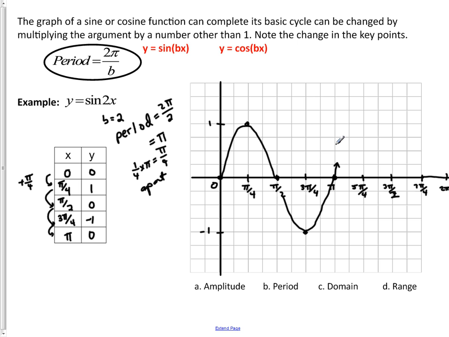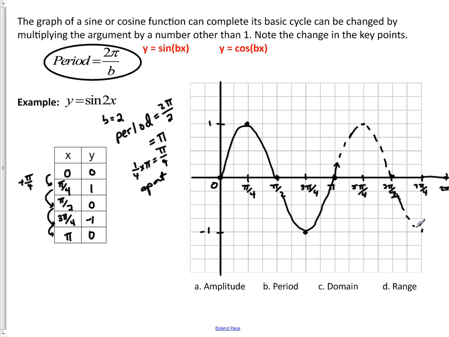Now, if we continue to follow this around, we can see another interesting thing that's going to happen right here. Prior to this, when we had just one cycle within this 0 to 2 pi, we might have only seen one cycle. Now I'm fitting 2 cycles in for the price of 1.